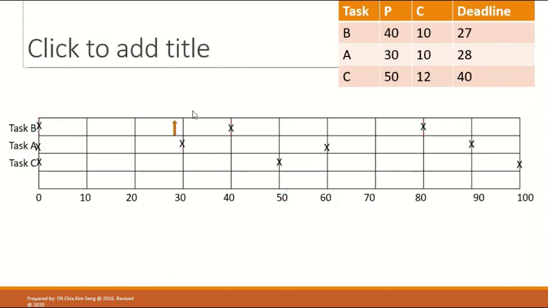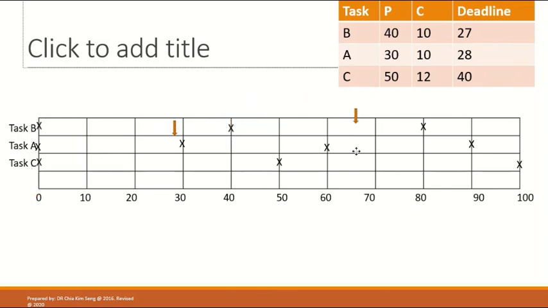Then for the second round of the task, it is after the release time. If you go by Simpson, use this one. They have a release time as well, but now we assume they are the same, so we don't need to mark. So 40 plus 27, it should be here.